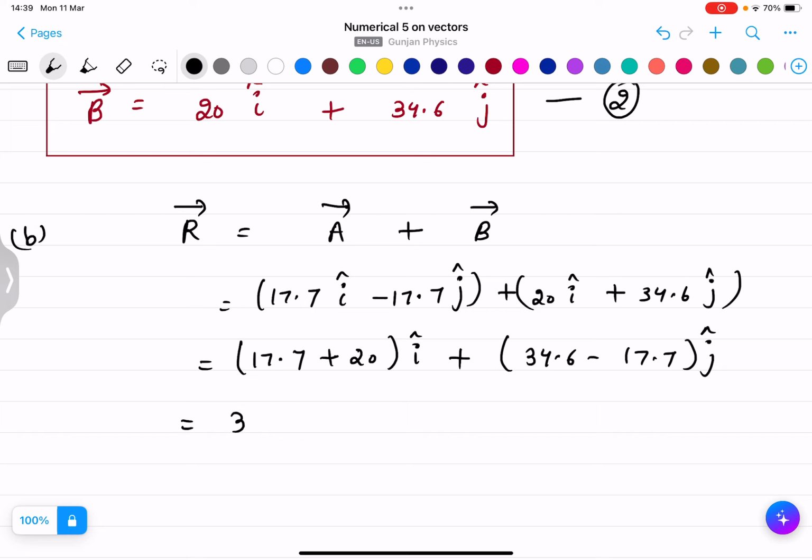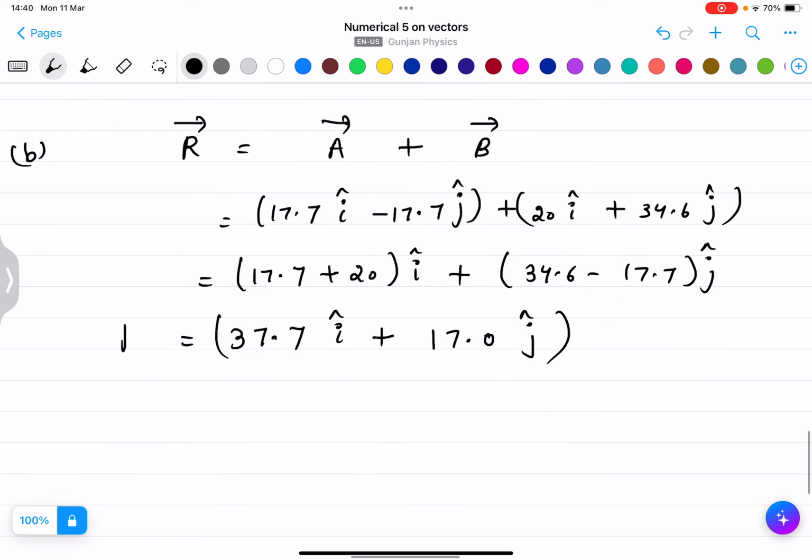So it comes out 37.7i plus 34.6 minus 17.7. Wait. It is giving 16.9. So I have approximated to 17j, right?